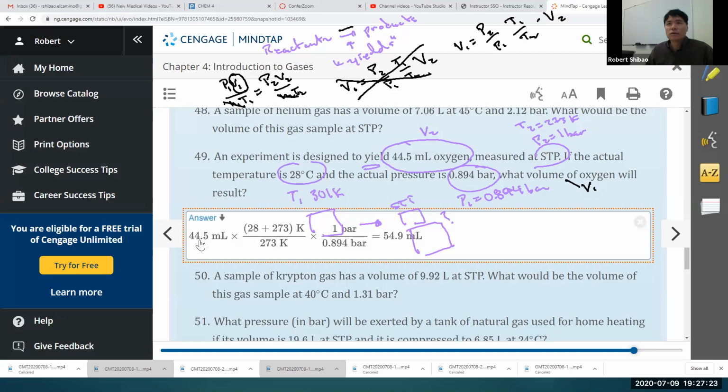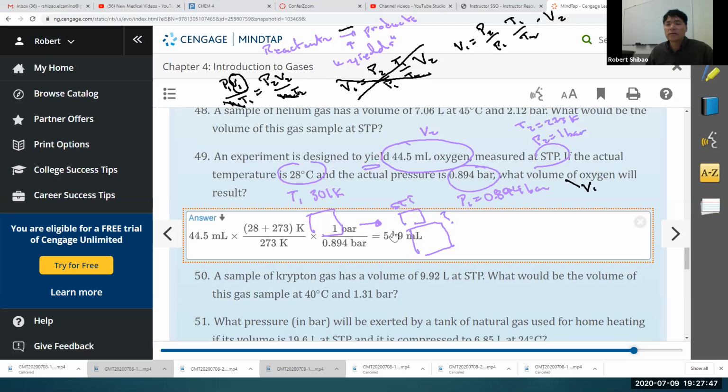So we have 44.5, which is V2. And then we have the 301 on the top, T1 over T2, 273. And then we have P2, 1 bar, and then P1.